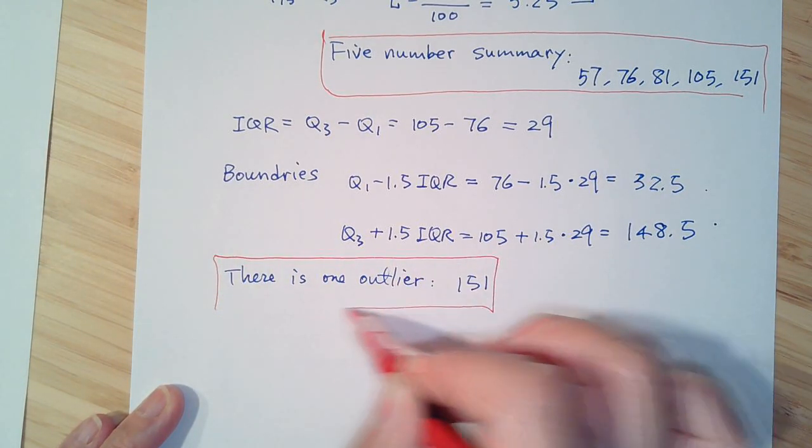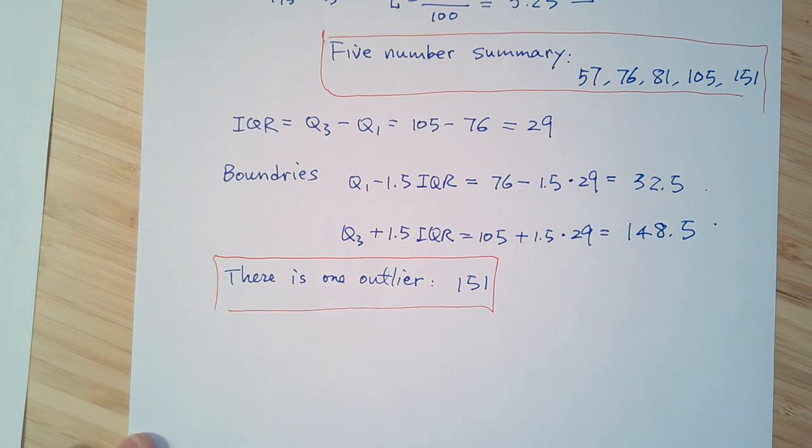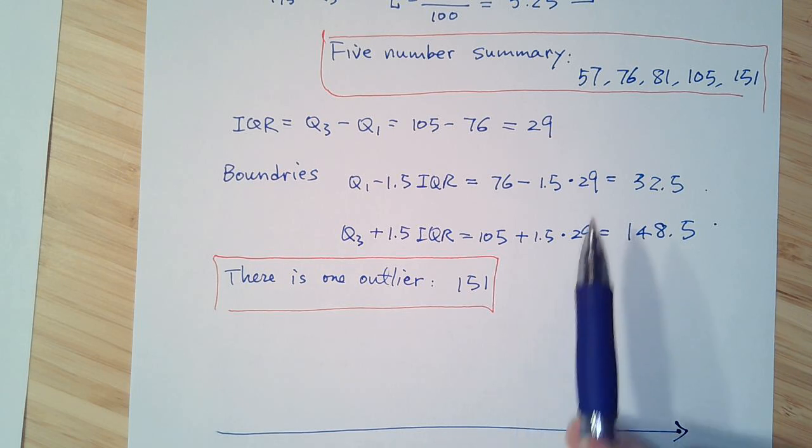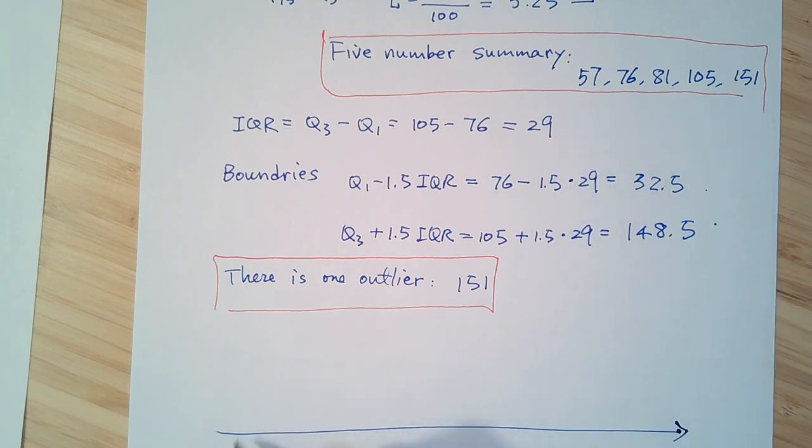Always construct the number line, and that covers from the minimum to maximum, from 57 to 151. So I'm going to put a 50 and maybe here 60, 70, 80. Just make it pretty, okay, 100, 110, 120, 130, 140, 150, and 160.